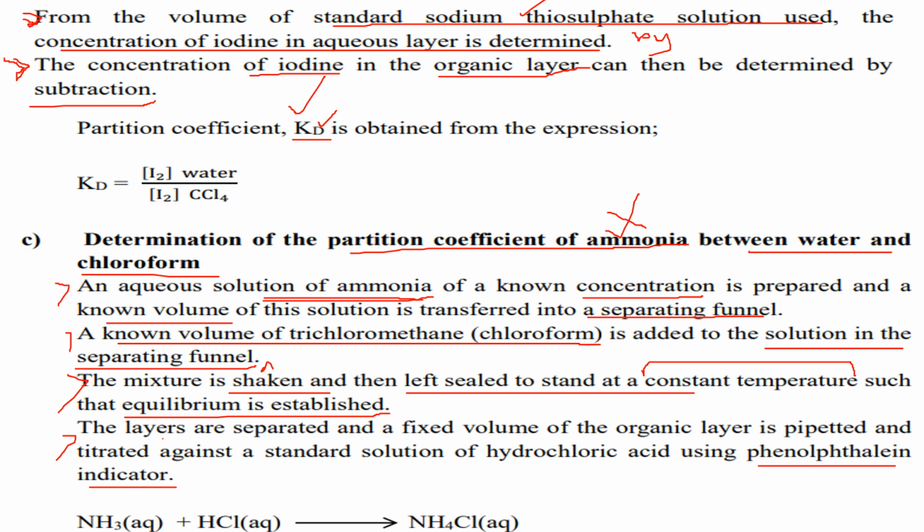And the layers are going to be separated and a fixed volume of the organic layer is pipetted and titrated against a standard solution of HCl using methyl orange indicator. After talking about pipetting and titration, you always write the equation. So ammonia in aqueous reacting with HCl is always going to form ammonium chloride.